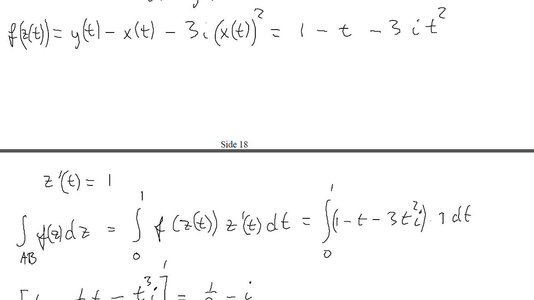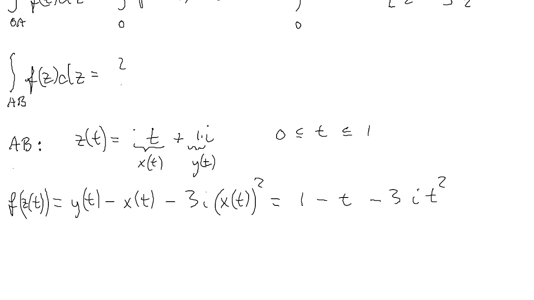Note that maybe I didn't emphasize this enough. Also in this case we choose a to be 0 and t goes from a equal to 0 to b equal to 1.